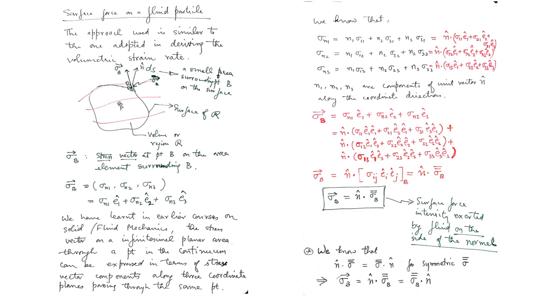So the particle on which you want to find the surface force, you surround it with a finite volume or material region at a certain time instant, and try to express the net surface force on this material volume of fluid, or region R of fluid, due to the surrounding fluid.